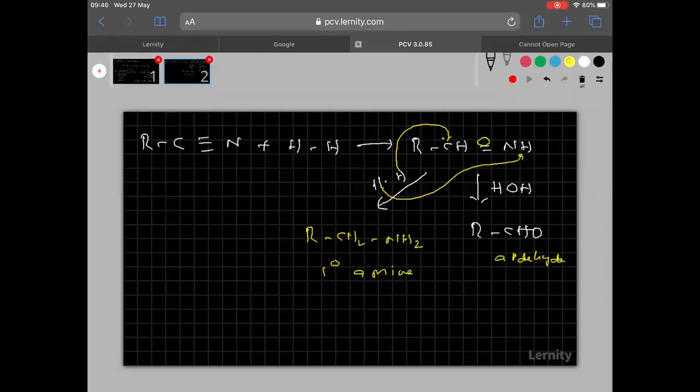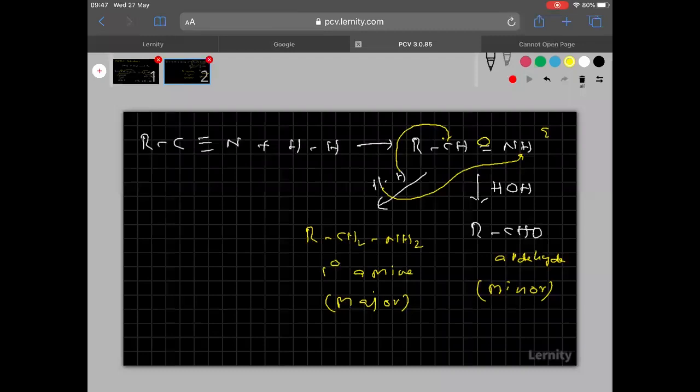Remember everyone, the primary amine which is formed here is major, and the aldehyde which is formed here is minor. Why is primary amine major?